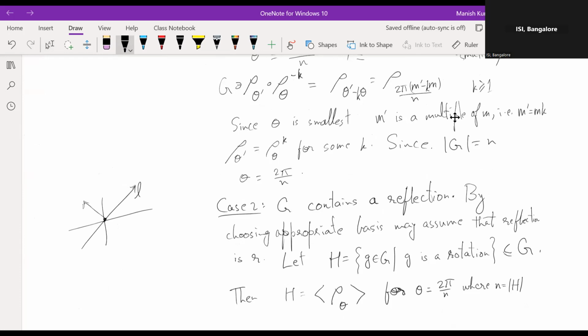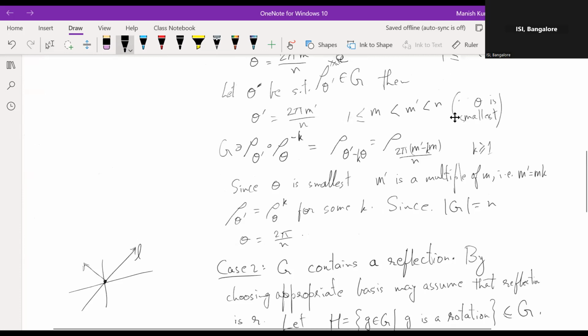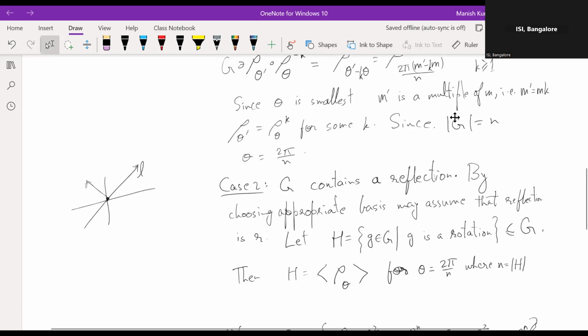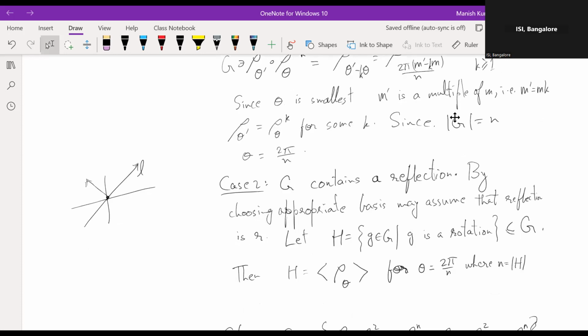By the previous part, we know that H is a subgroup of O2 which contains only rotations, so H must be a cyclic group of some order. Let's say it's a cyclic group of order n.